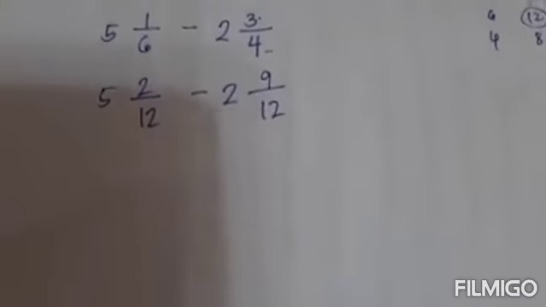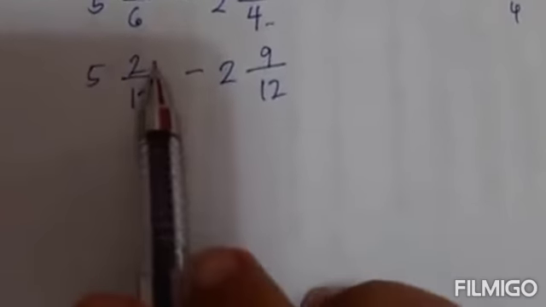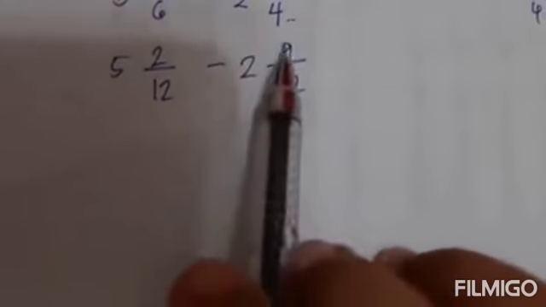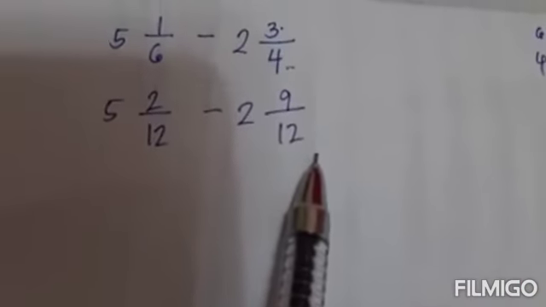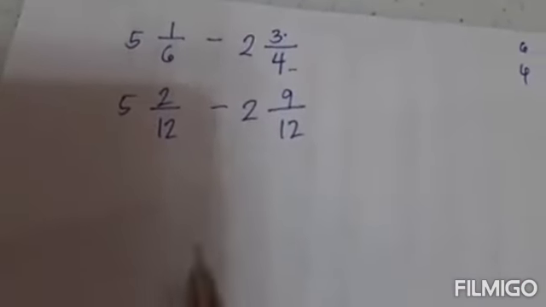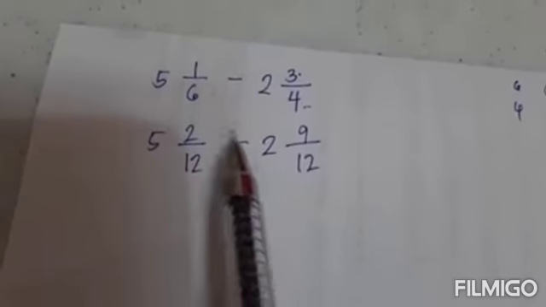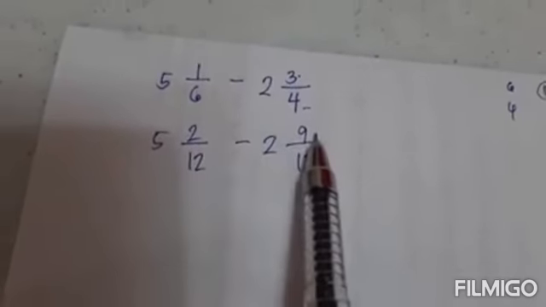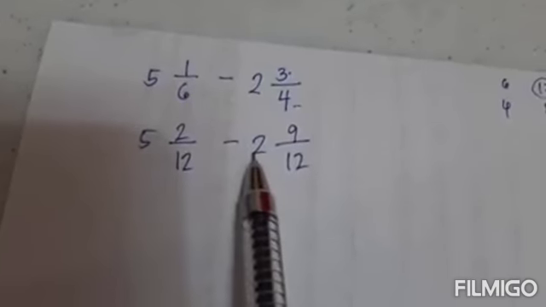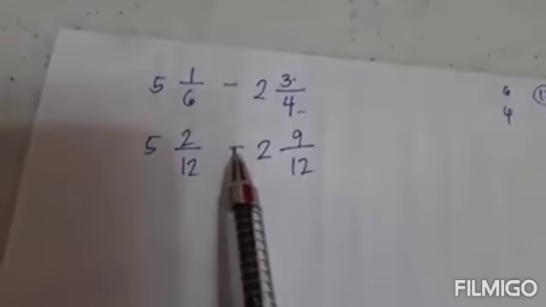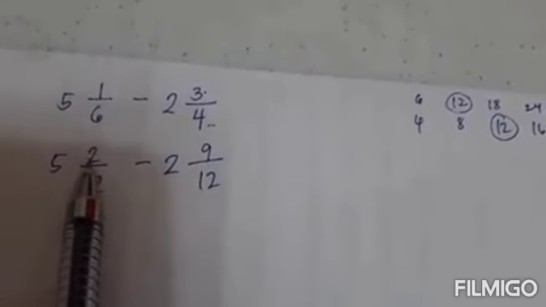Looking at your similar fractions, you now have 5 and 2/12 minus 2 and 9/12. Again, do not forget to subtract whole number from whole number and numerator from numerator. So you will have 5 minus 2, the answer is 3. 2 minus 9: can you get 9 from 2?